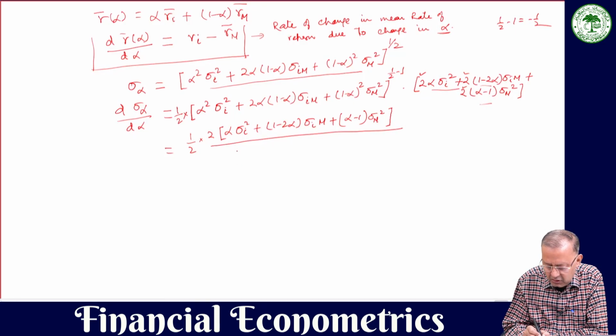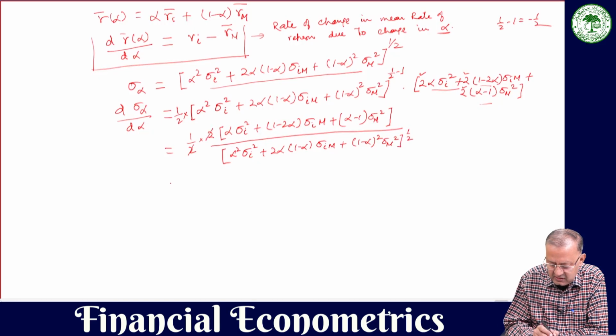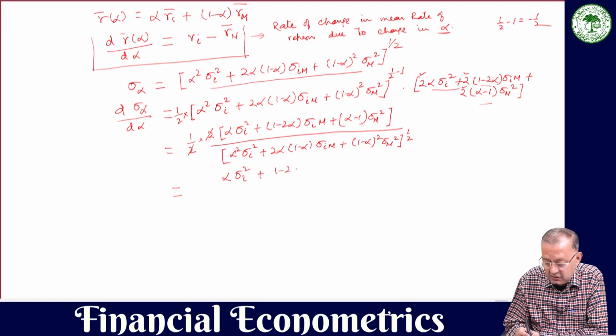So this will be equal to alpha square sigma I square plus, now this 2 gets cancelled out. So what is left is alpha sigma I square plus 1 minus 2 alpha sigma im plus alpha minus 1 sigma m square.